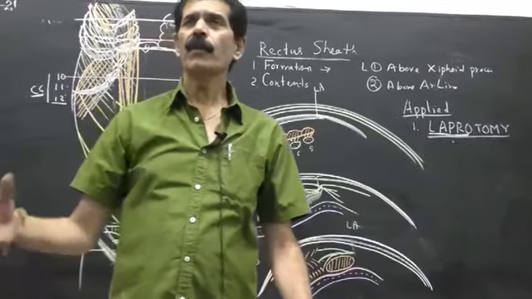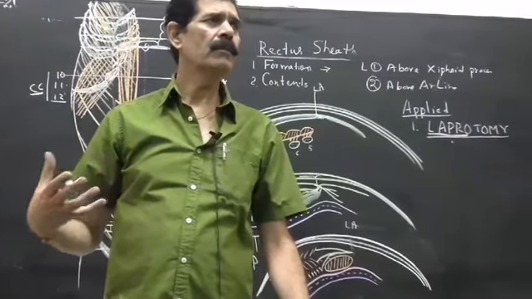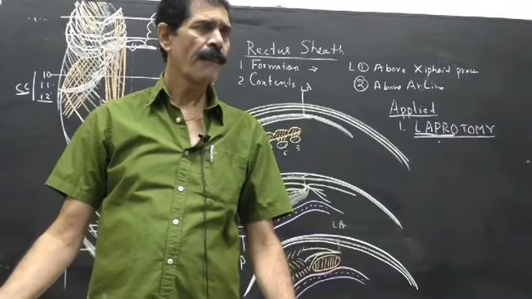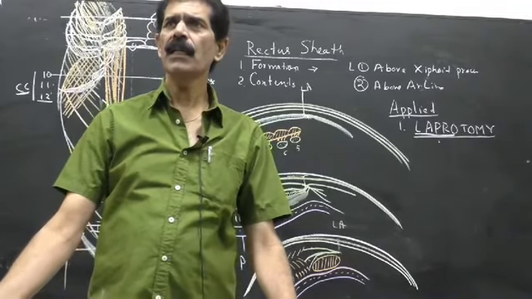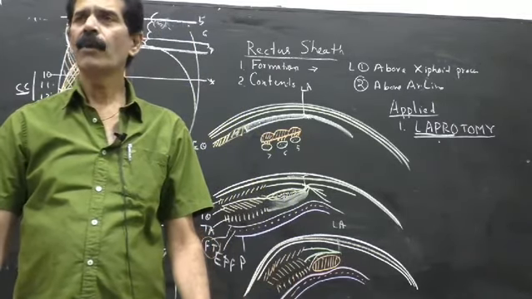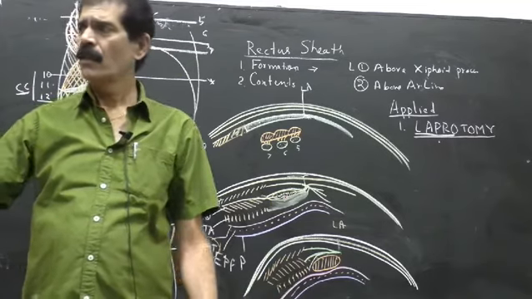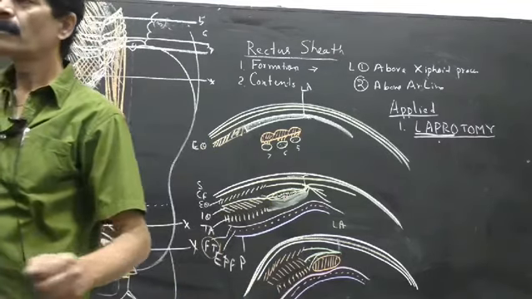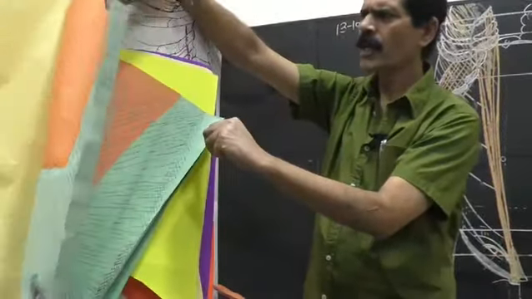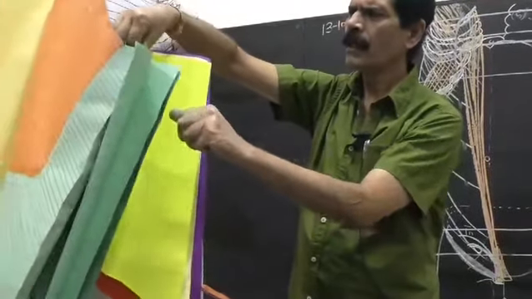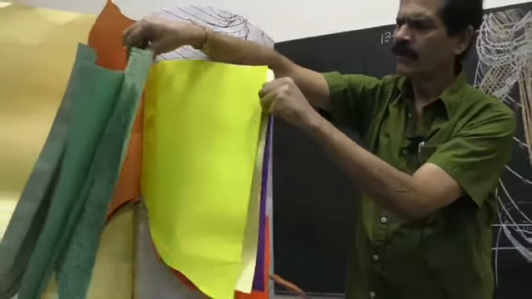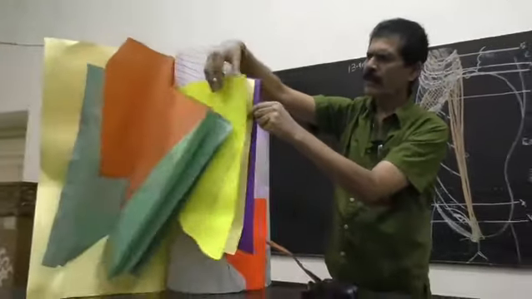So whenever we have to remove the gallbladder, or any abdominal organ, for example the appendix or any other structure, we have to cut the 9 layers of the abdomen, then only we can touch any viscera. We have to remove one by one all the layers: the skin, the superficial fascia, external oblique, internal oblique, transversus abdominis, fascia transversalis, extraperitoneal fat.